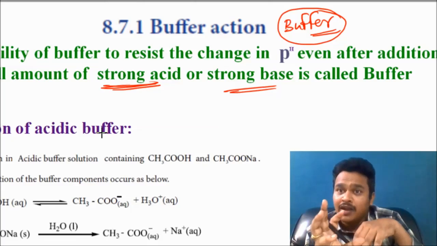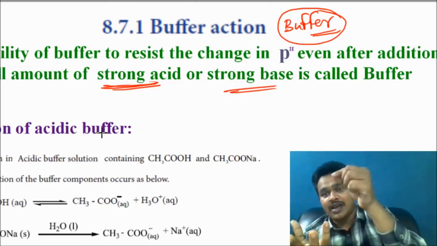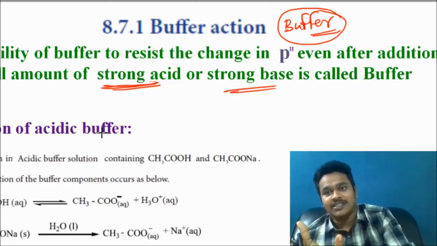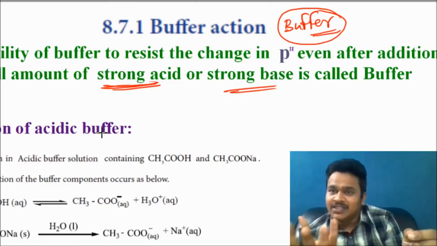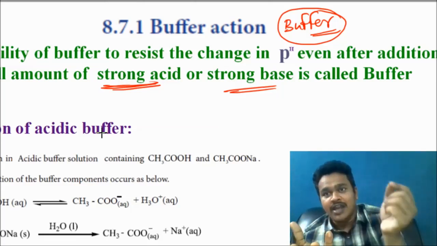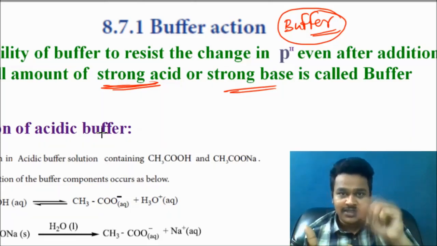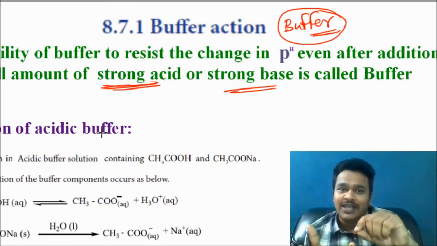What I am taking now is the acidic buffer. First, I will check. The acidic buffer is fixed. First, I will add a strong acid, then I will study. Again, I will fix this acidic buffer and add a small amount of strong base. At that time, I will study again the action, the mechanism.